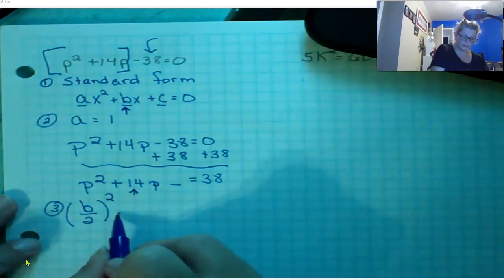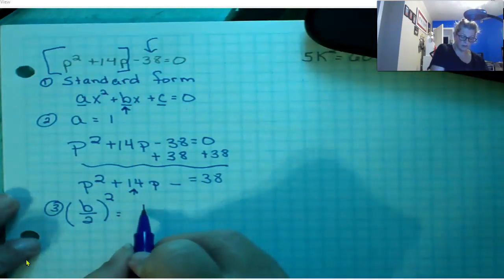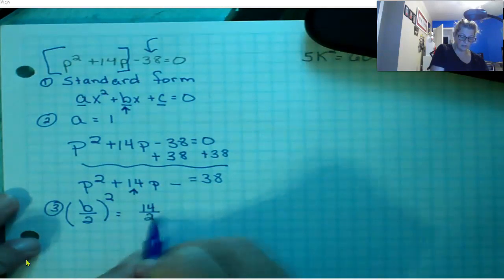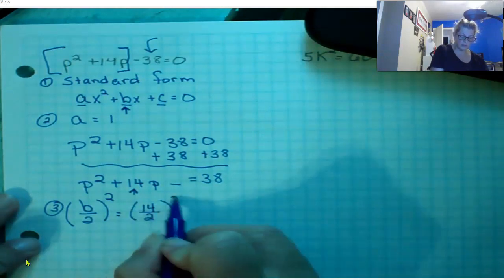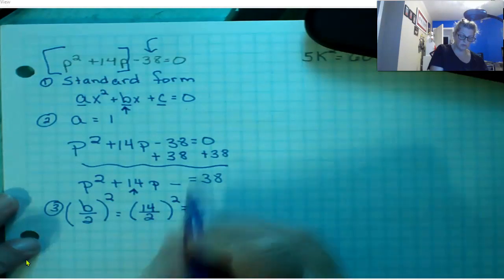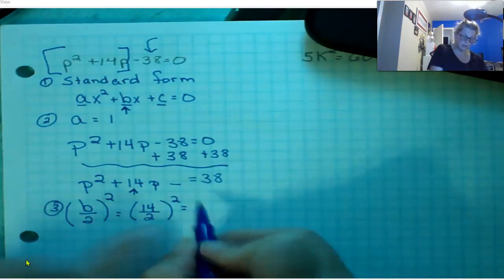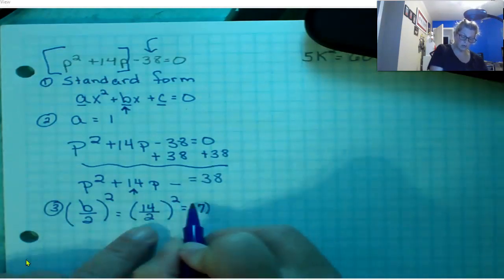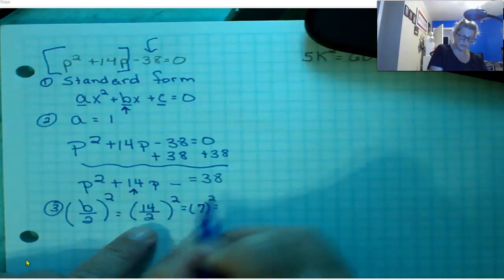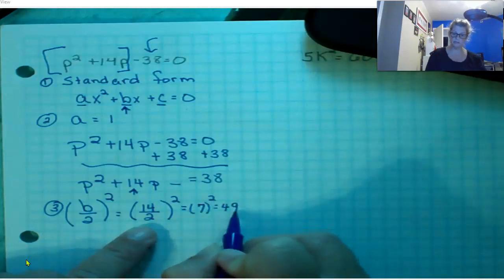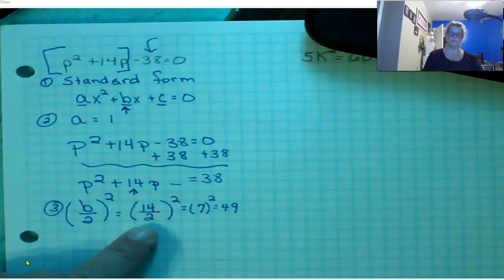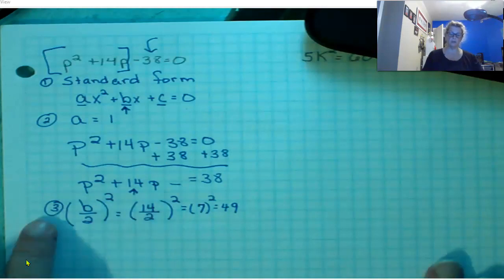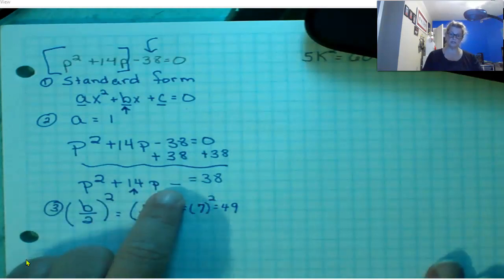So let's substitute that in. We have 14 divided by 2, quantity squared. So 14 divided by 2 is 7, quantity squared, and 7 squared is 49. We have found what's going to go into here.